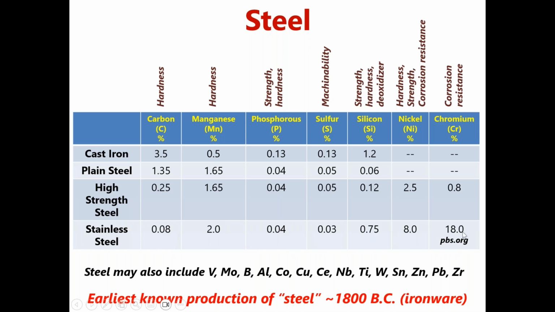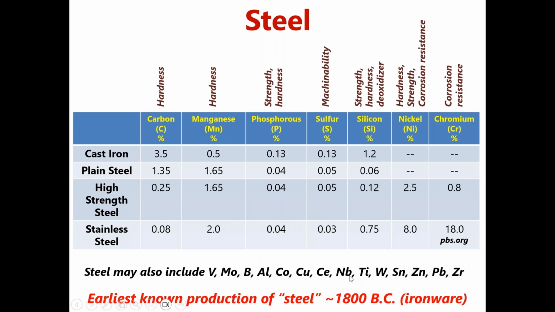Stainless steel, for example, the big ingredient is chromium, the element chromium. That's what makes stainless steel stainless steel. At the bottom of the list, you can also see there are another dozen or so elements that can also be added to steel. So steel is more complex than one typically realizes, and you can see why.